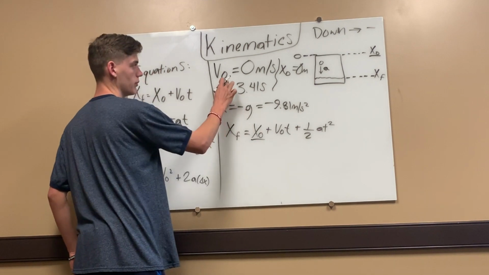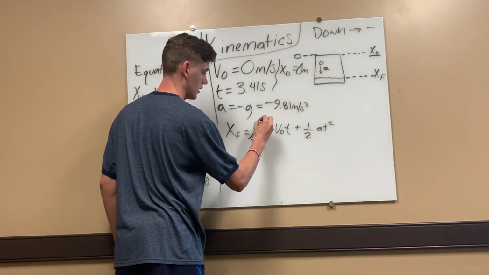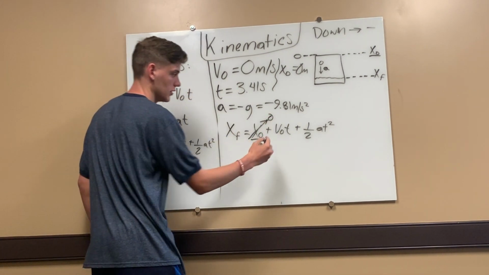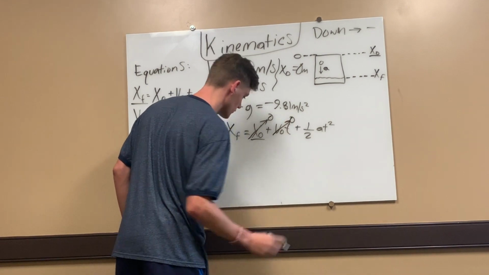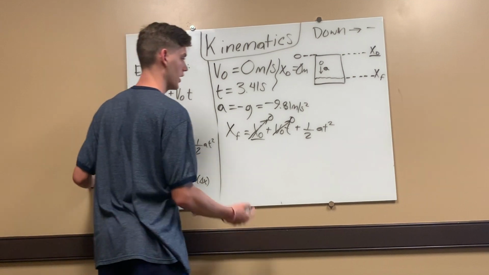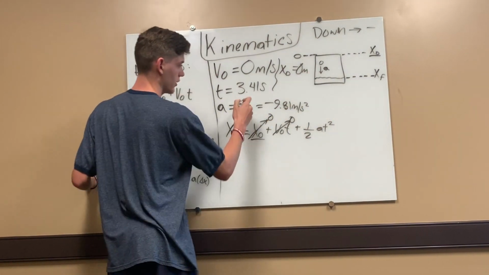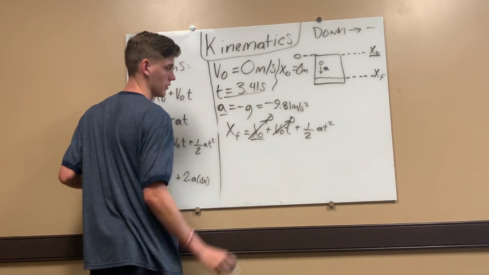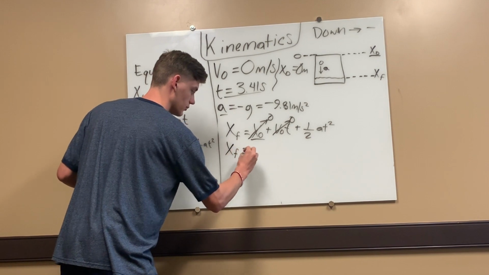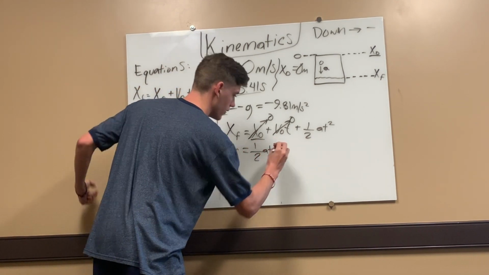V naught, remember, it's dropped, so that's going to be 0 meters per second. 0 times time is just 0, so all we're left with is 1/2 a t squared. We can't make that 0, because time's not 0 and a is not 0. So our final position is simply 1/2 a t squared.